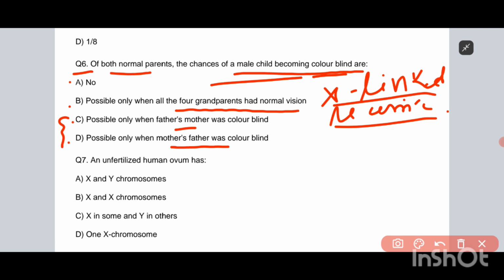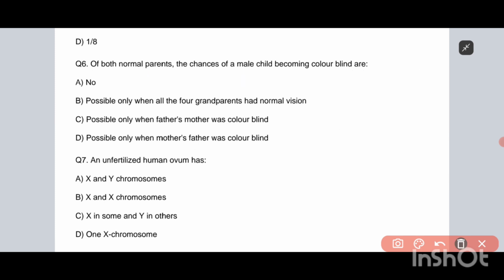Mother's father was colorblind. Now, as it is an X-linked recessive trait, assume that the colorblind condition is represented by X^c and X^c.